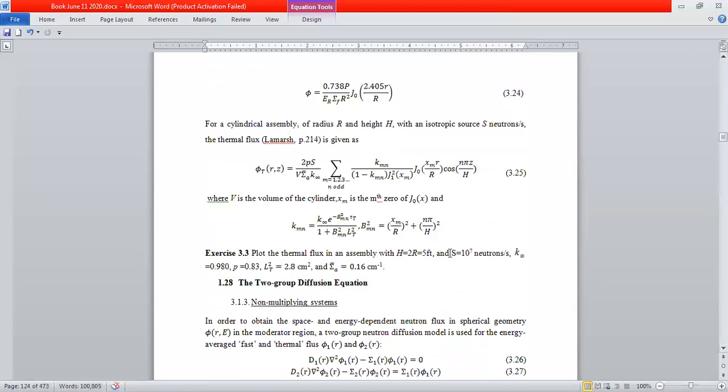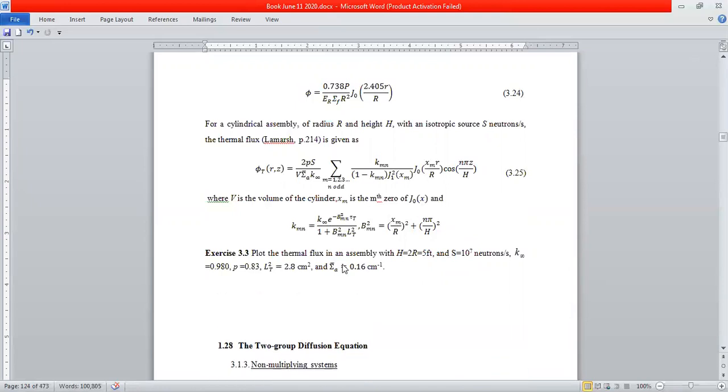So that's what I want you to do. I want you to plot the thermal flux, think about it, look at it, and look at the shape, look at the buckling, look at the values, look at the value of K infinity. So again, science plus engineering, look at the values and just see what they mean. Do I have an assembly which can go dangerous?